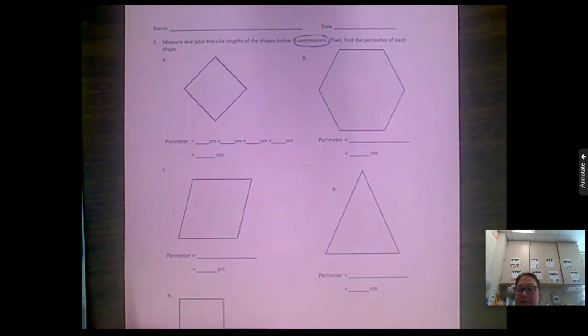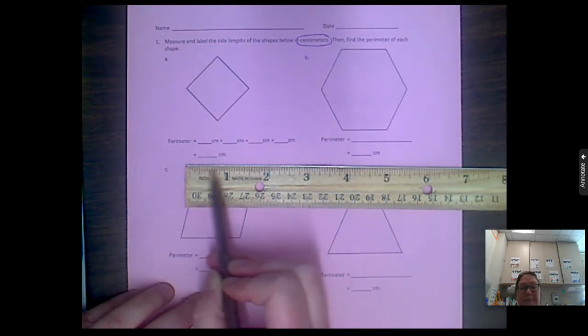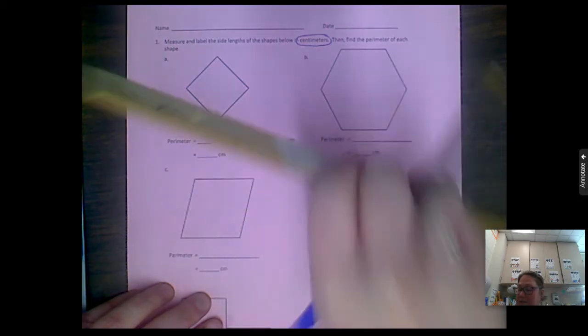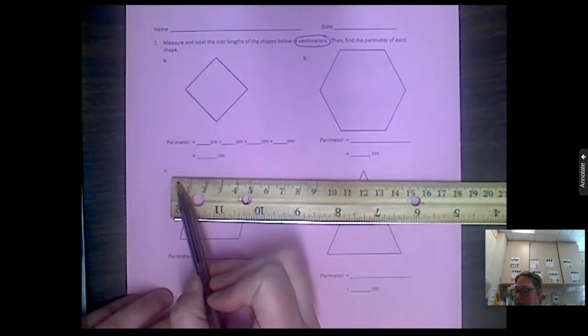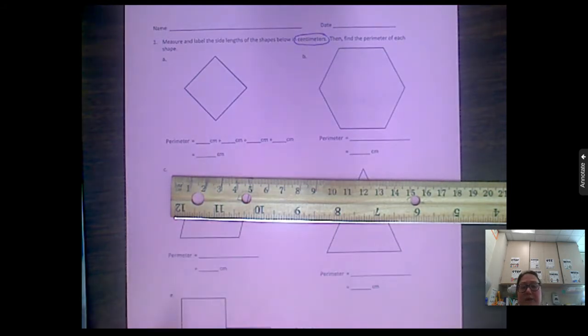This time on our problem set, it says to measure in centimeters. So remember, on your ruler, the inches are bigger, right? An inch is bigger than a centimeter. So if we look at the centimeter side of our ruler, a centimeter is much smaller than an inch there, right? So make sure that when we're measuring today, that you're measuring in centimeters.